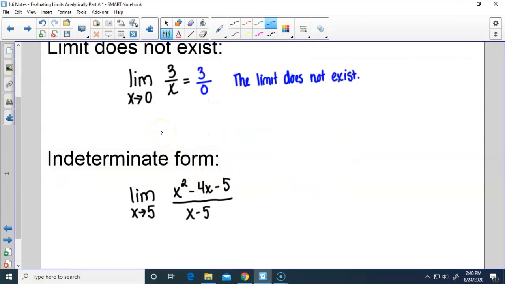The other way that a direct substitution can fail is you can get what we call the indeterminate form. So I'm going to give you a warning here. I'm getting ready to do something that's technically mathematically incorrect. So I'll show you what it is whenever we get there.